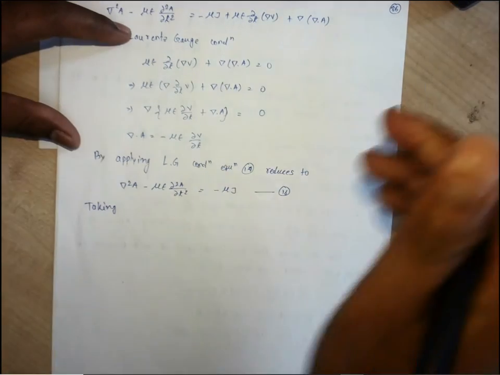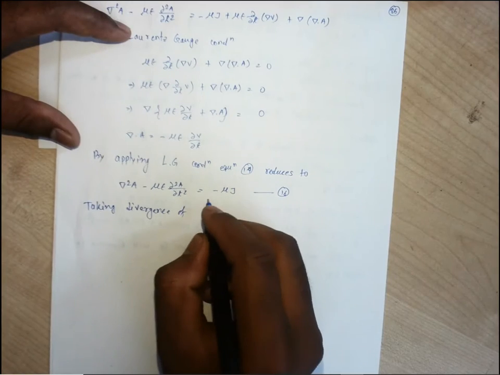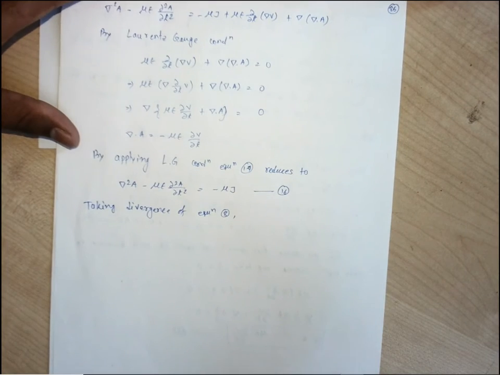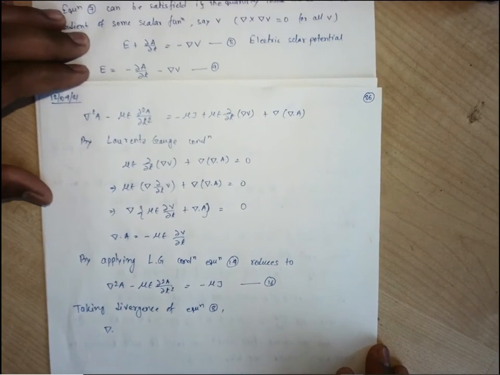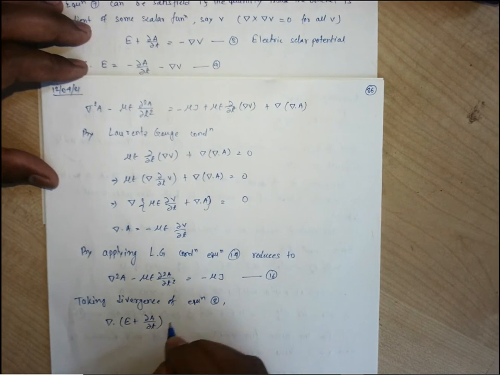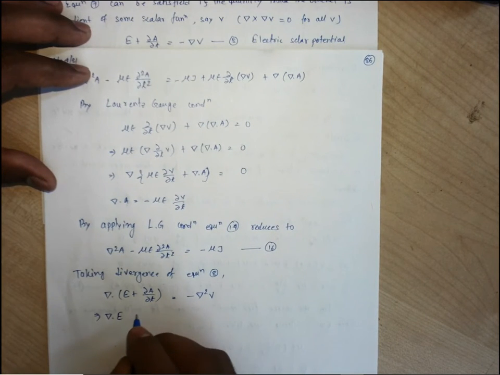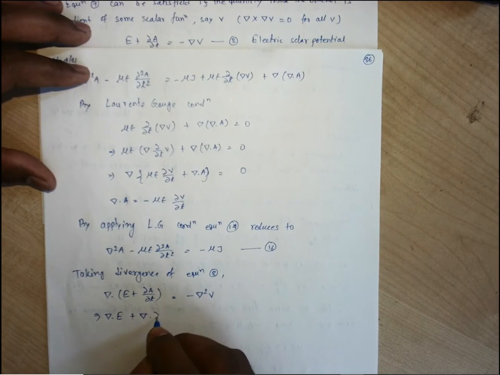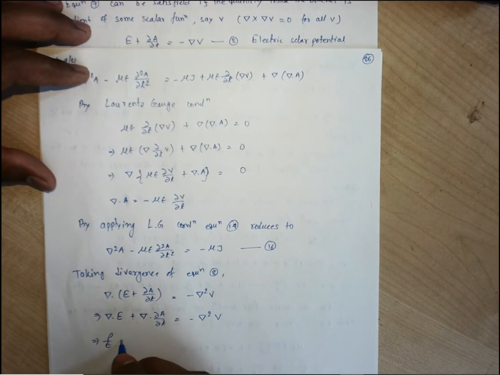Taking the divergence of equation 8, we can write del dot E plus del dot del A by del T is equal to minus del square V. So del dot E is equal to rho by epsilon, and this del dot del A by del T can be written as mu epsilon, this one.